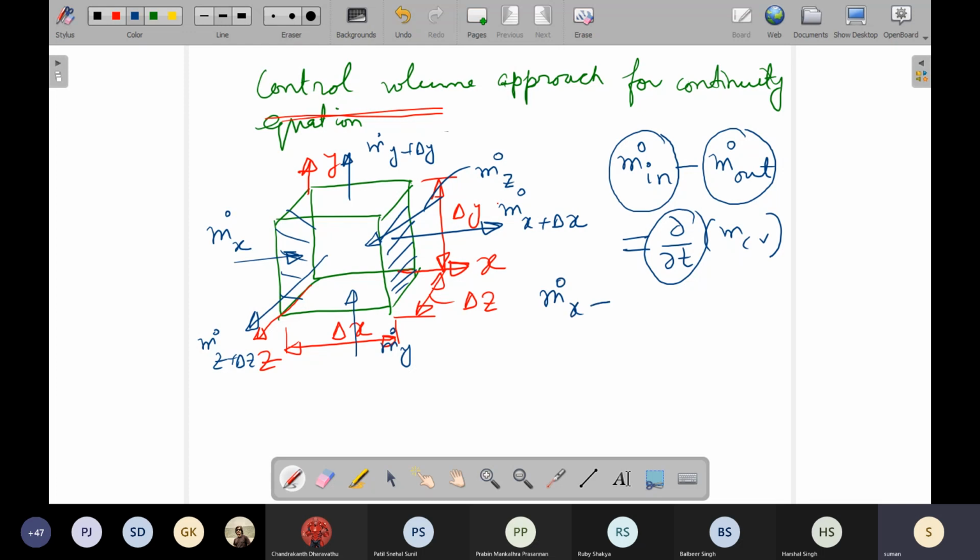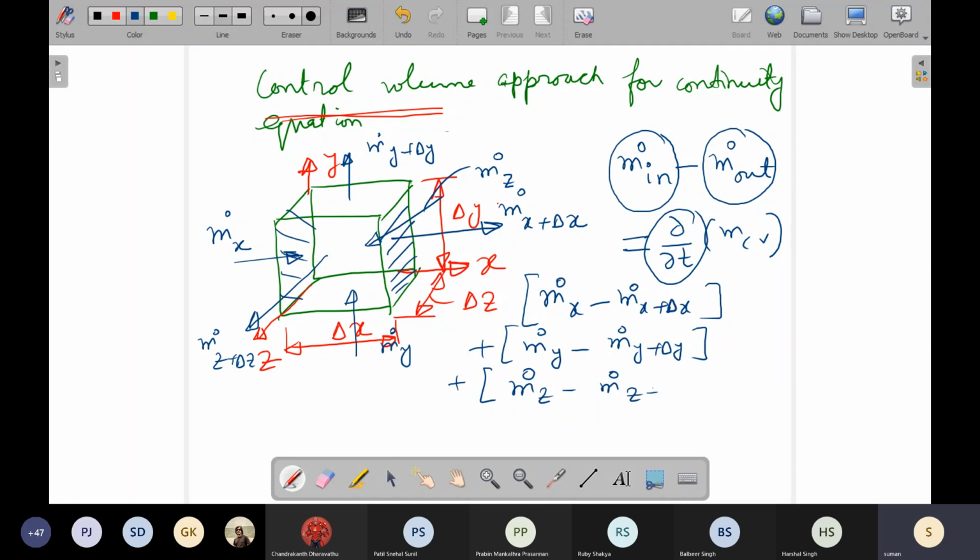So you have m dot x minus m dot x plus delta x. This is along x. Then m dot y minus m dot y plus delta y. And m dot z minus m dot z plus delta z.